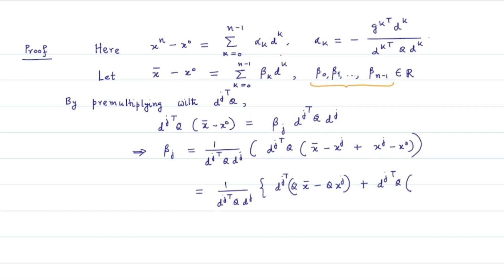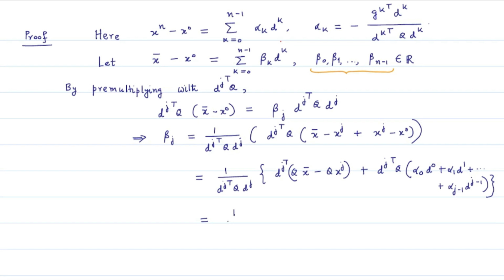We notice that this xj minus x naught in the conjugate direction algorithm is given by alpha naught d naught plus alpha 1 d1 plus till alpha j minus 1 dj minus 1, and hence ultimately we get this expression: beta j is equal to 1 over dj transpose q dj multiplied with dj transpose this vector. q x bar is given by the vector b, because x bar is the exact minimizer of the quadratic function, and therefore q x bar is equal to b minus q xj plus, here you notice that these vectors d naught, d1 till dj minus 1 are q conjugate with the vector dj, and therefore all these multiplications will give us 0 values.